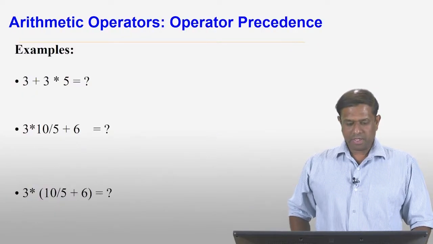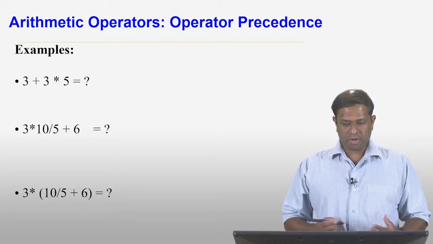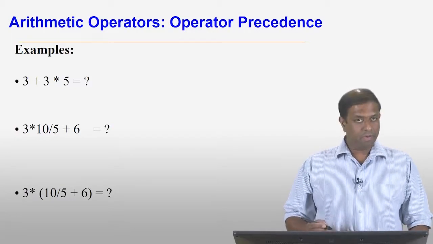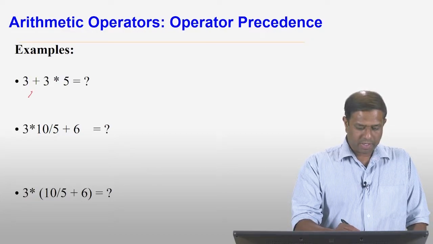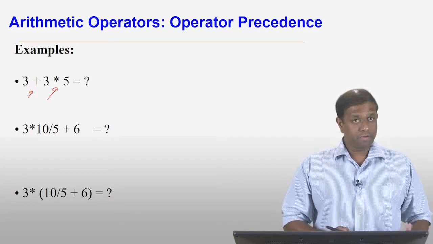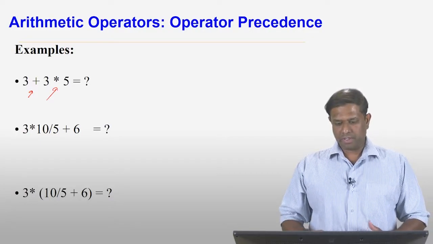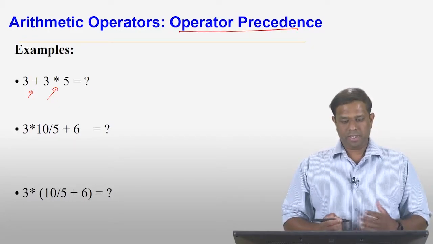Now, the next question is, if we have more than one operation that we need to perform, how are we going to perform them? In this particular expression, we have addition and multiplication. Which one are we going to do first, addition or multiplication? This is the case where we apply what are called the operator precedence rules.